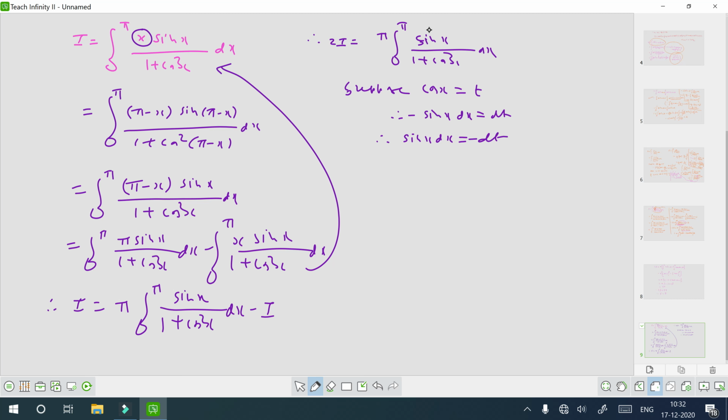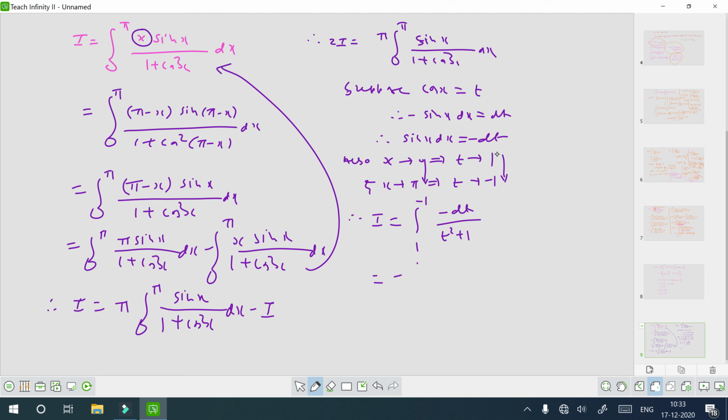આ ડેફિનેટ ઇન્ટિગ્રલ છે એટલે આપણે લિમિટ પણ ચેન્જ કરવી પડશે. ચલો ચેન્જ કરીએ. Also x tends to 0 then t tends to 1 and x tends to pi then t tends to minus 1. So I is equal to 1 to minus 1, minus dt over t square plus 1.